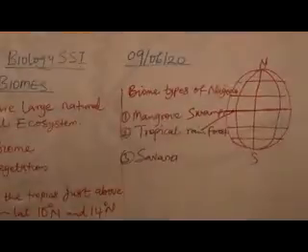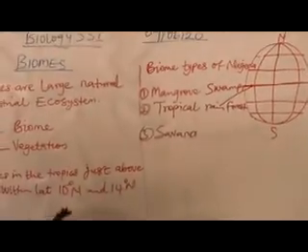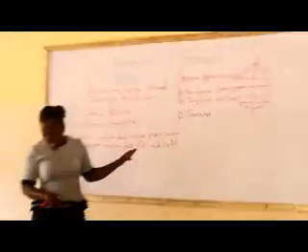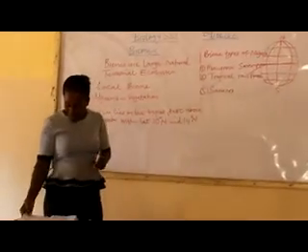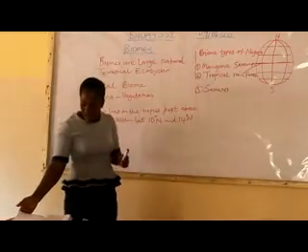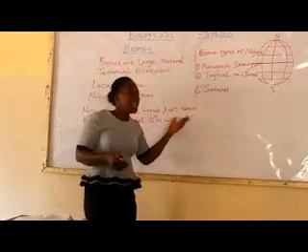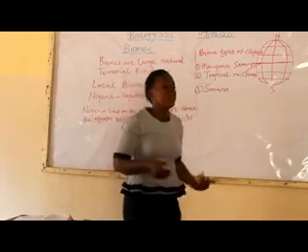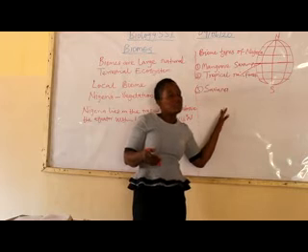Mangrove swamps are found in tropics along the coastal regions and river mouths in Nigeria. That is, if you talk of the states that are in the coastal regions of Nigeria, you pick Rivers State, Port Harcourt, Lagos.